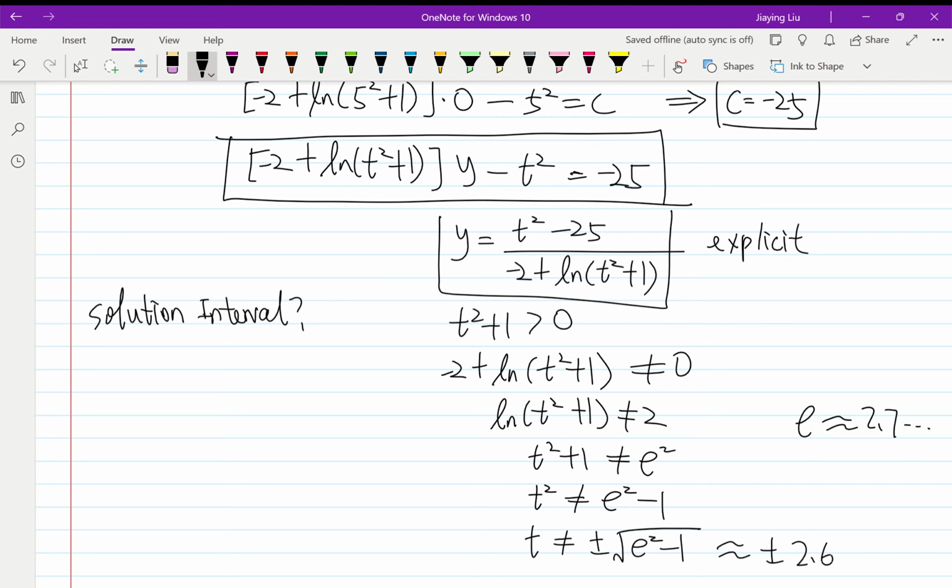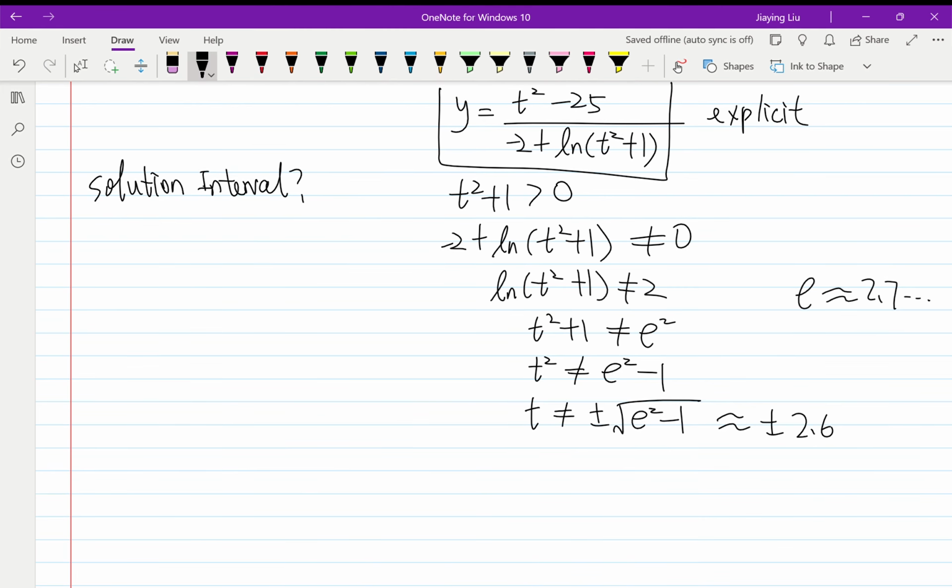We don't really need to know what it is, we can just estimate. So that tells us that the solution at the end cannot equal negative square root of e² minus 1, and cannot equal positive square root of e² minus 1. This is about negative 2.6, and this is about positive 2.6, to estimate.